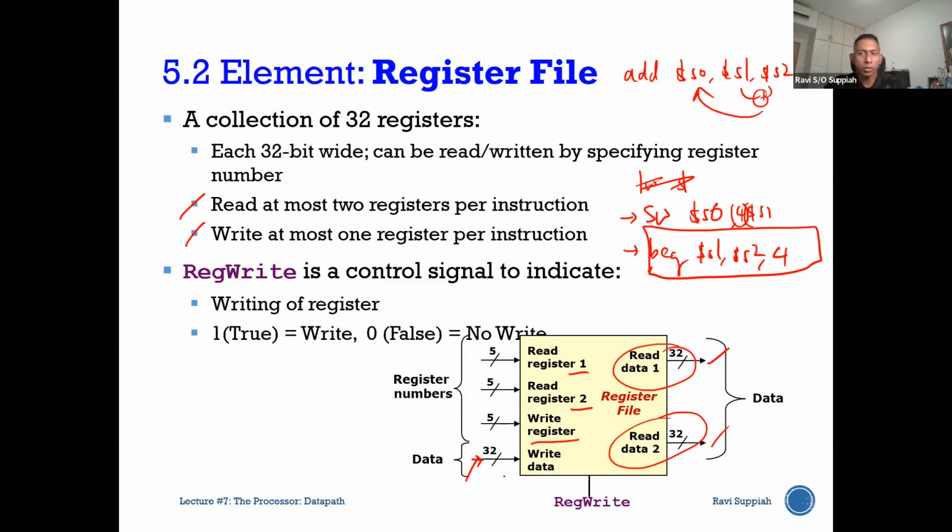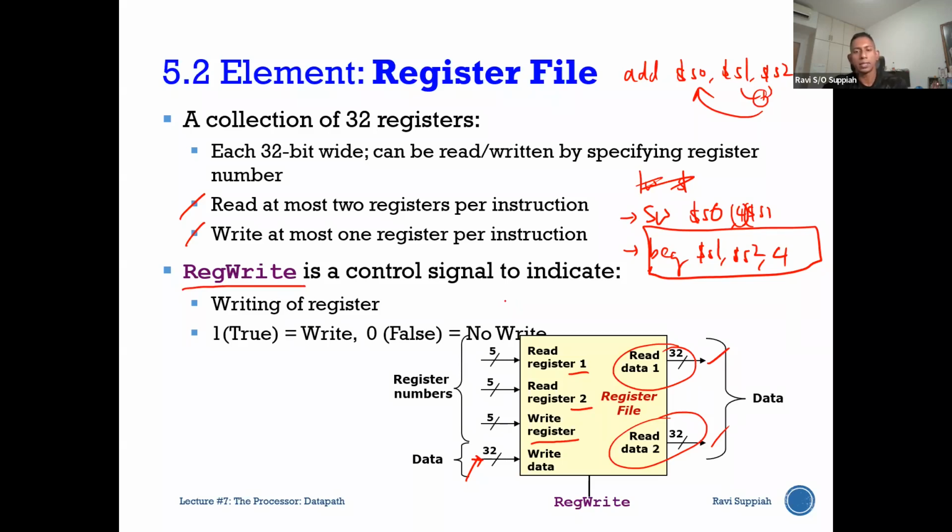In order to decide whether I need to write or don't need to write, there is another control signal here, known as register write. Think of it as a switch. If the switch is active, then you are allowed to write. If the switch is inactive, then you're not allowed to write.